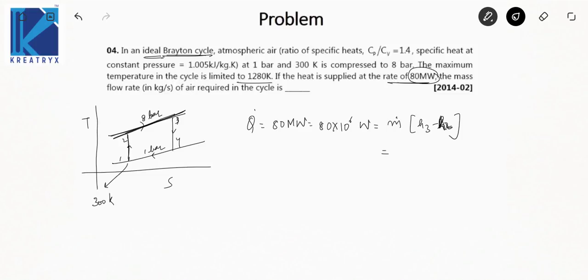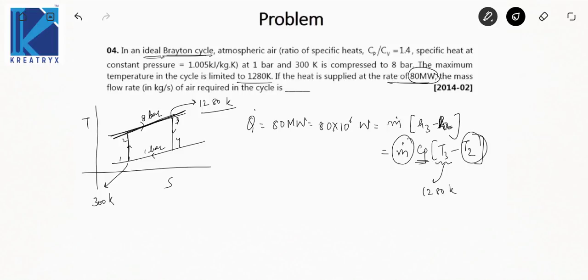As air is used, we can write Cp into T3 minus T2. Now we have to find M dot. We know Cp, and we also know T3, because the maximum temperature in the cycle is limited to 1280 Kelvin and the maximum temperature happens after the heat is supplied. So T3 is 1280 Kelvin and we also require T2.